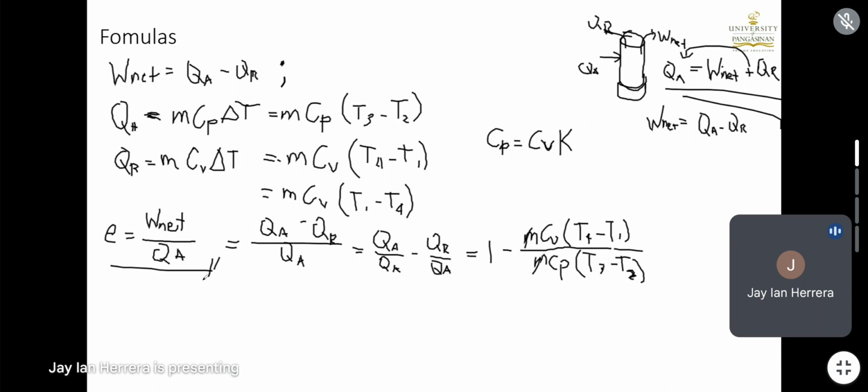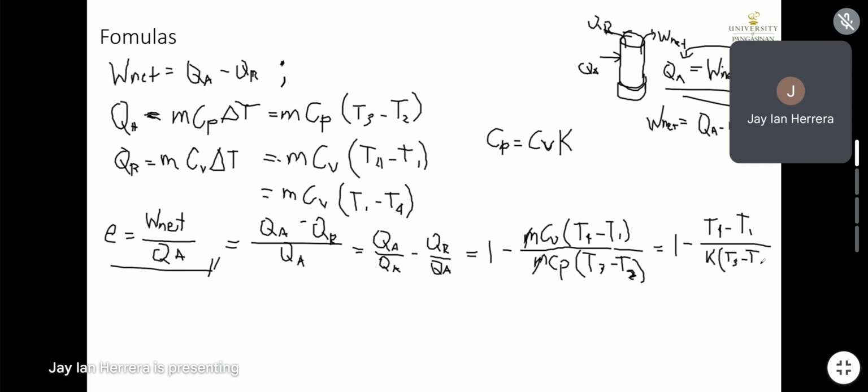Yan. So technically, we can rewrite this as 1 minus T4 minus T1 all over K times the quantity T3 minus T2.